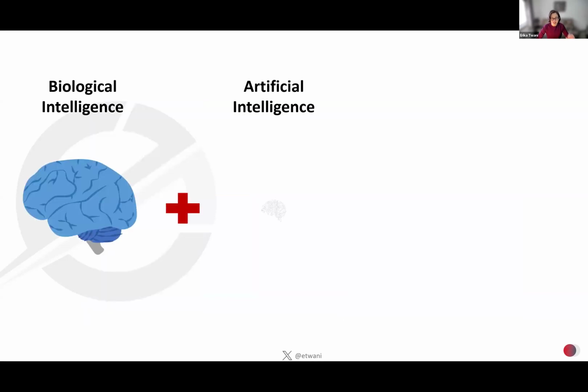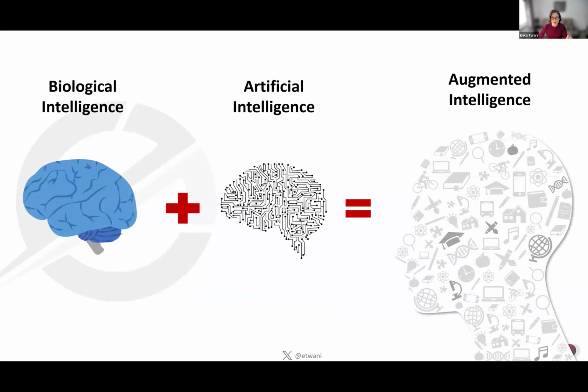And that's why I say that biological intelligence and working with artificial intelligence give us an augmented intelligence. So this is very important for you to understand. ChatGPT will never create a company, will never create the next idea, but will help our students and will help you to be more productive and to do unimaginable things that we haven't seen before.